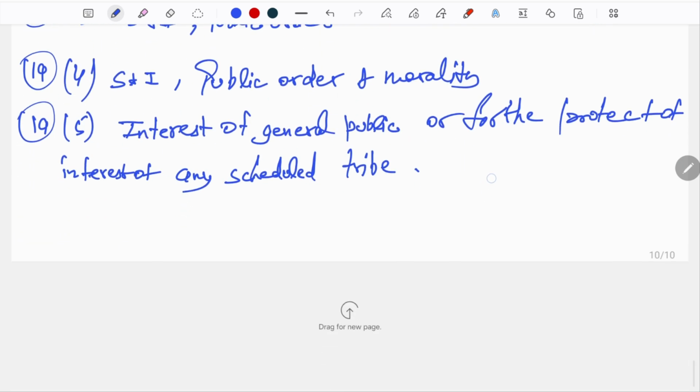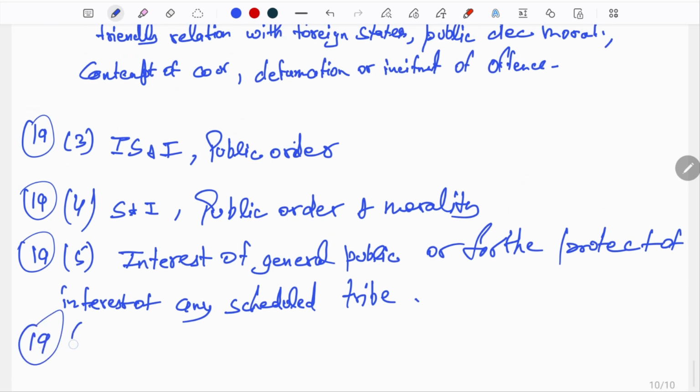And 19(6) mentions the restriction on G, that is for the employment, professional or technical qualifications for any specific job.